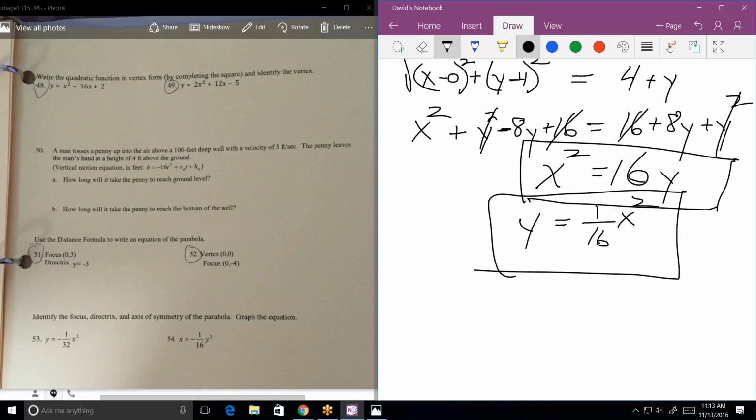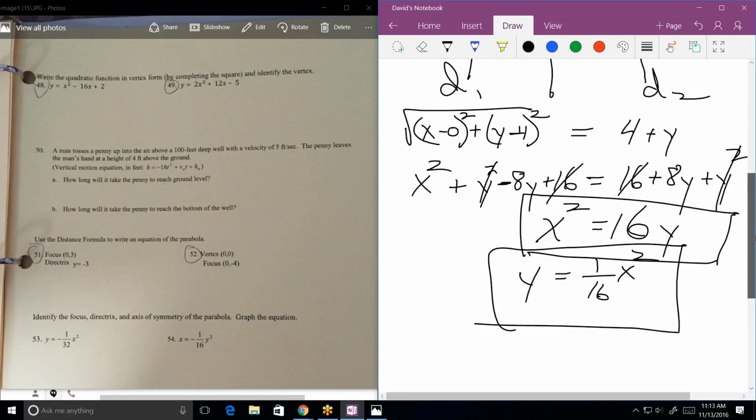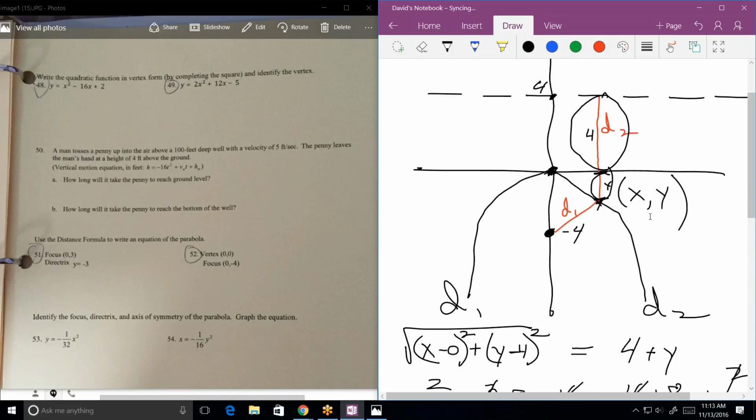Okay. But these are definitely tricky. In other words, you'll notice that I made the mistake when I said y minus a minus 4. I forgot to realize that y was in negative territory. X is in positive territory, but y is in negative territory.